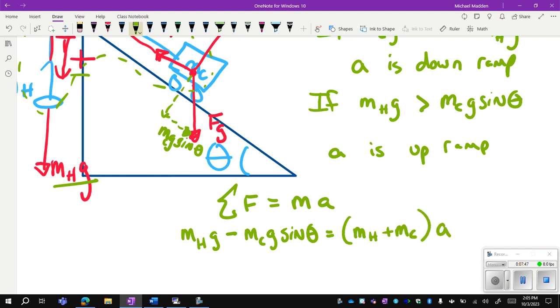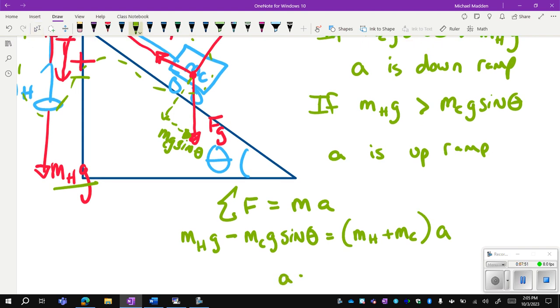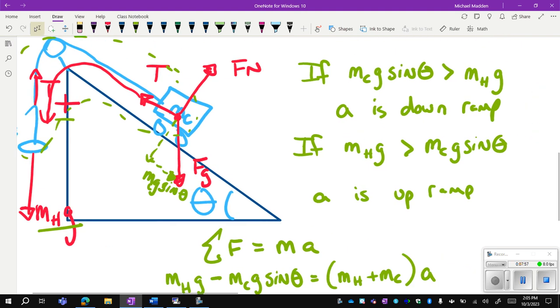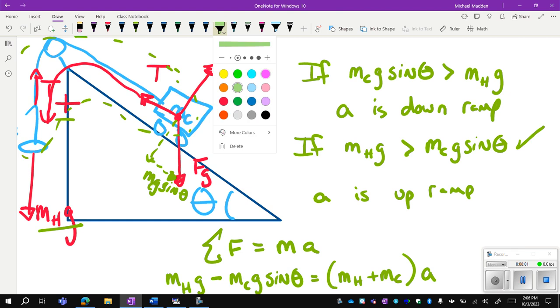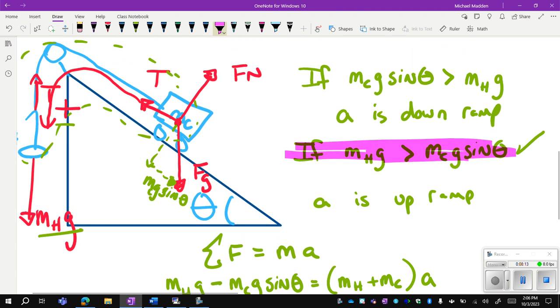Now the cool thing about this, since I already assumed the direction, is that if my acceleration is a positive number, then that tells me that it is this case right here, and I'll highlight that. If that's positive, then the weight of the hanging weight is greater than the parallel component of the cart's weight, meaning that the cart's going to go up and the weight's going to go down.